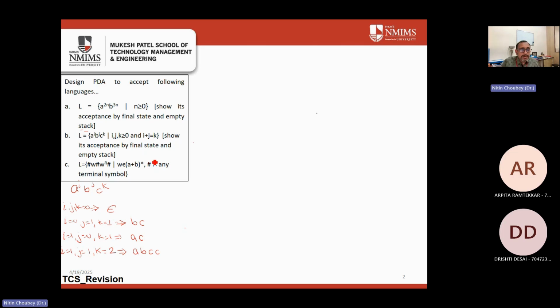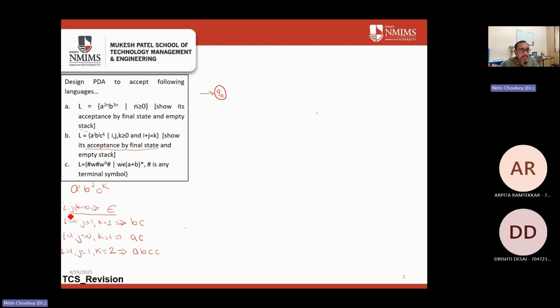I already explained in this video what is the difference between final state acceptance and acceptance by empty stack. So I'll be constructing the PDA for this acceptance by final state only. You can very well map it to acceptance by empty stack further. Let's go for it. Starting with Q0. What would be the first symbol?